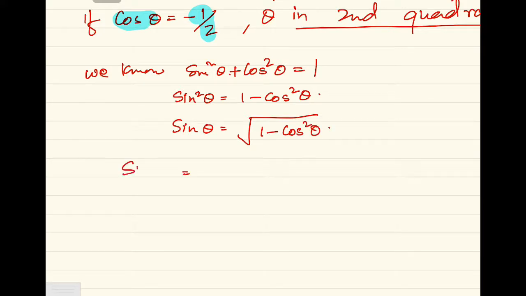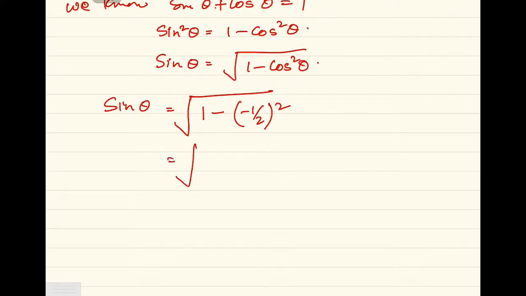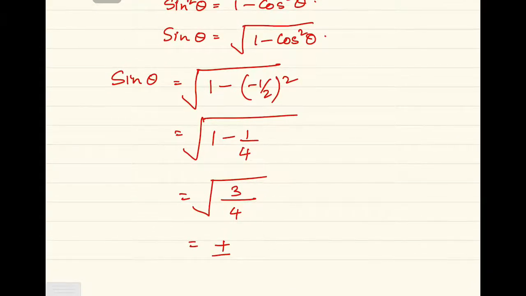So sine theta will be under root 1 minus half whole square. Can I do that? Because the value of cos theta is minus half as given here. So let's simplify this. I get 1 minus 1 by 4, and that gives me under root, LCM is 4, 3 by 4, and finally the answer is plus minus root 3 by 2, isn't it?